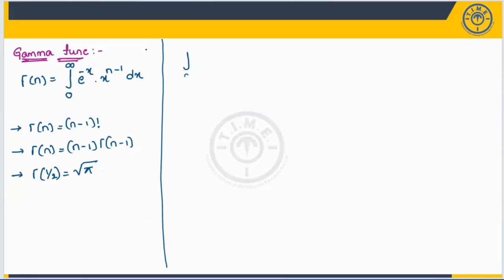So integral from 0 to infinity e to the power minus x square dx is square root pi by 2. In communication theory or in signals and systems, e to the power minus x square, or e to the power minus x square by 2, has a particular name.